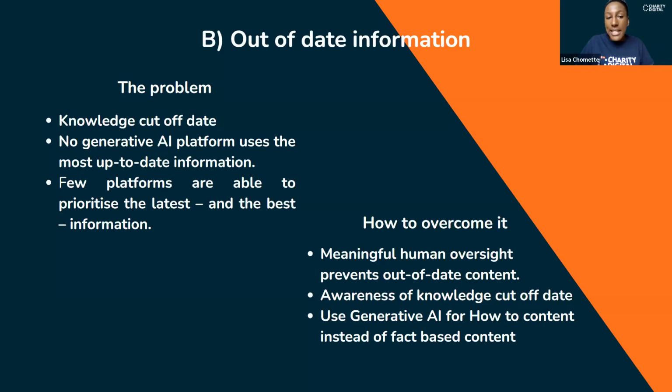And basically, how to avoid the problem: again, meaningful human oversight. Like I said, ask ChatGPT, or whichever other platform, when they were last updated. And if you are aware of the knowledge cutoff dates, it means that you can effectively use the information provided and ask the right kind of questions.